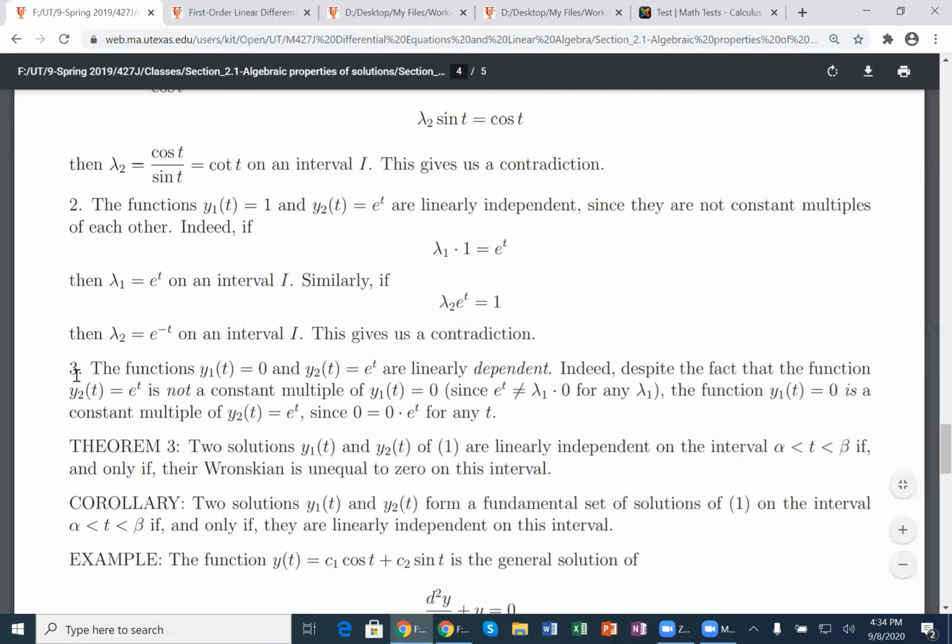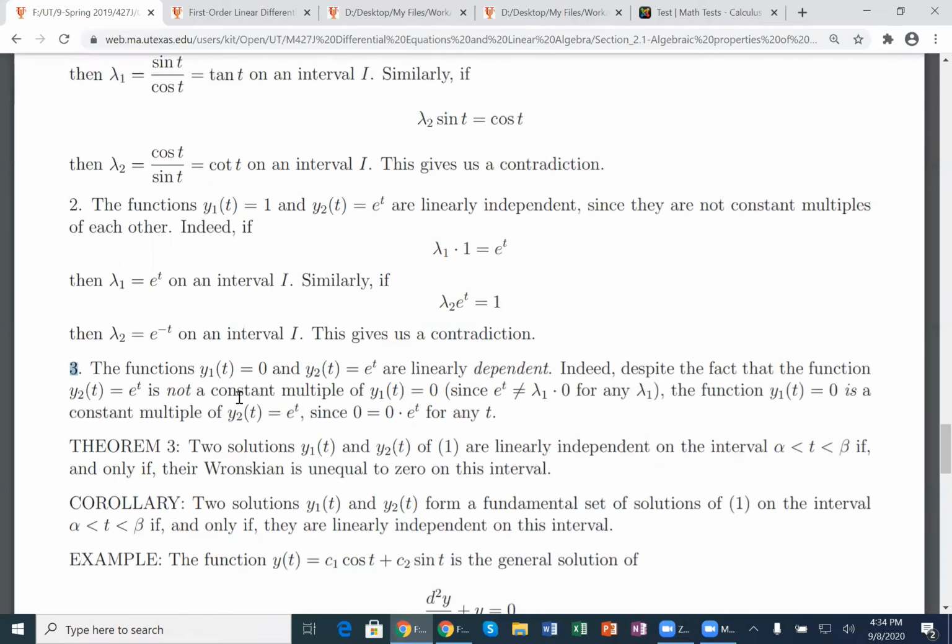Now compare with example 3. Let us show that 0 and e to the t are linearly dependent. First of all, observe that e to the t is not a constant multiple of 0. y2 is not a constant multiple of y1, because e to the t is not 0 times lambda.